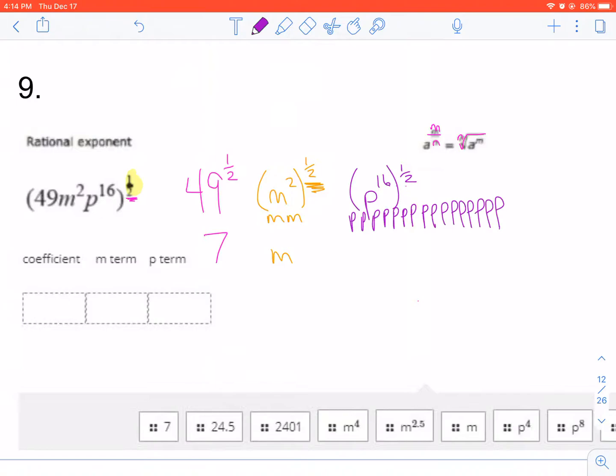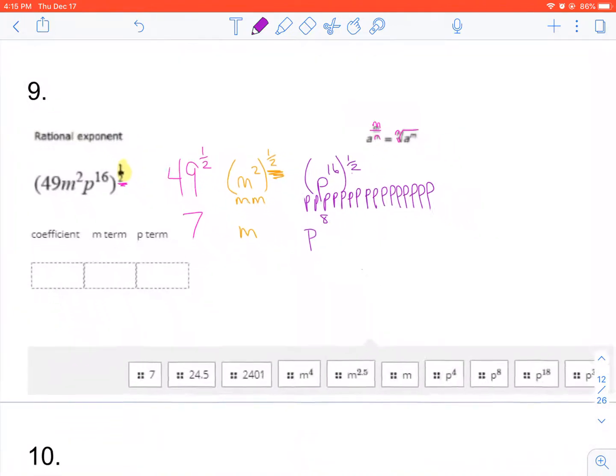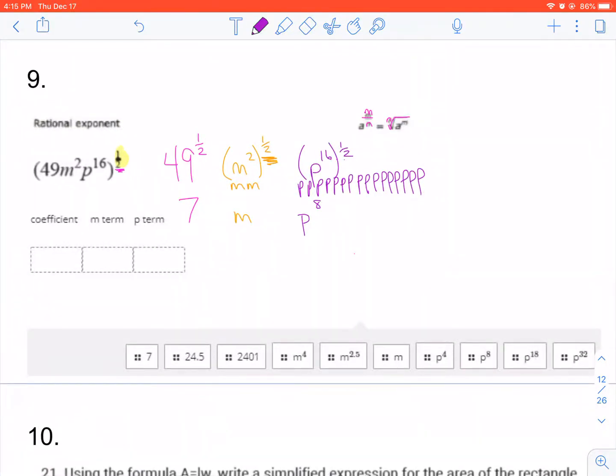You can actually count them if you want to, or you can know that half of 16 is 8. So we would have p to the 8th power. So for our answer, we would put in our coefficient of 7. We would just have m, and then we would have p to the 8th.